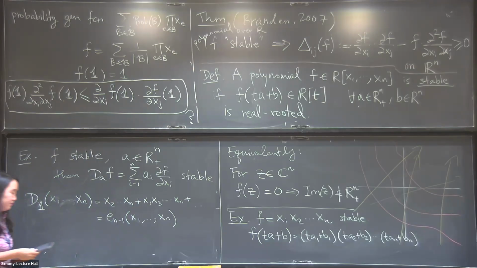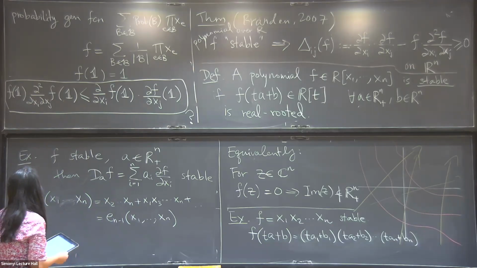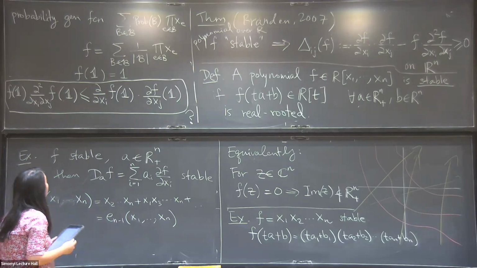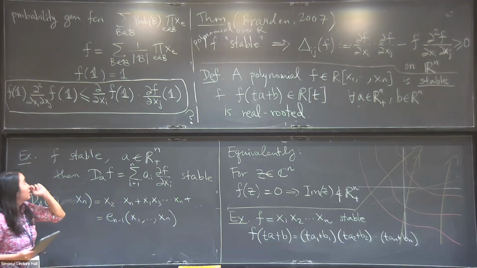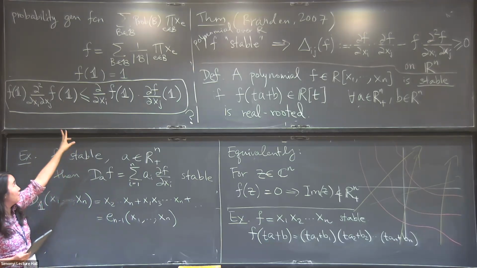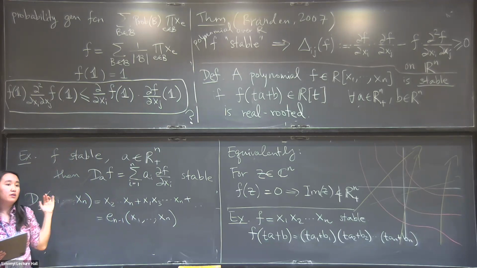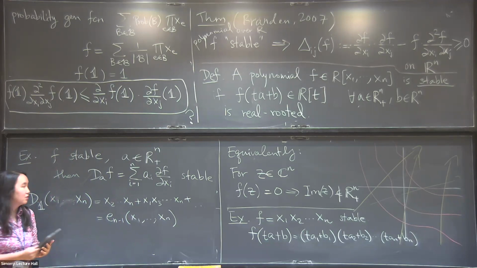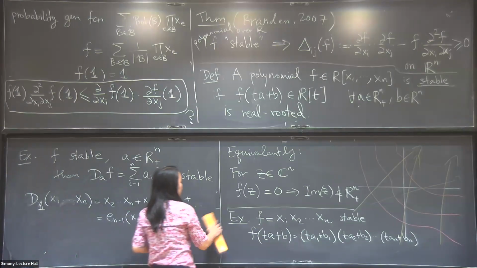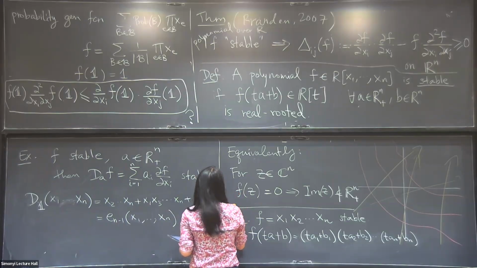Now, I don't have too much time, but I'm going to end with the result that the basis generating functions, or probability generating functions, of graphic matroids are stable. This will imply the negative dependencies for the graphic matroid. So what should I erase?